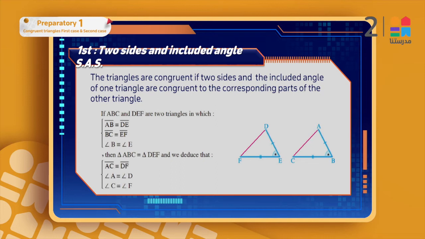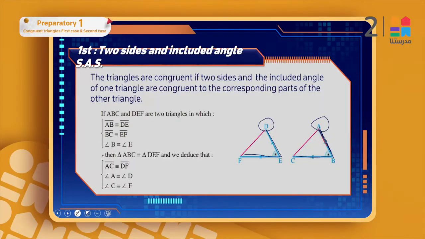So here we have this one, here, and this one. We started from A. So A, B, C, and D, E, F. What do you observe? The angle is between them.